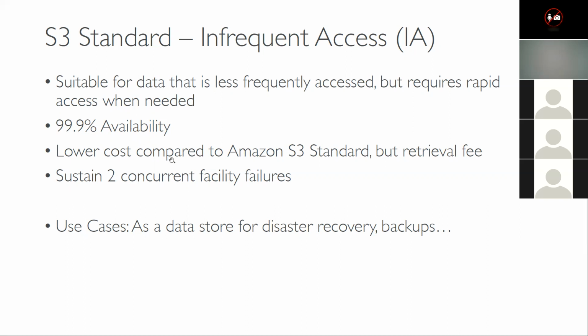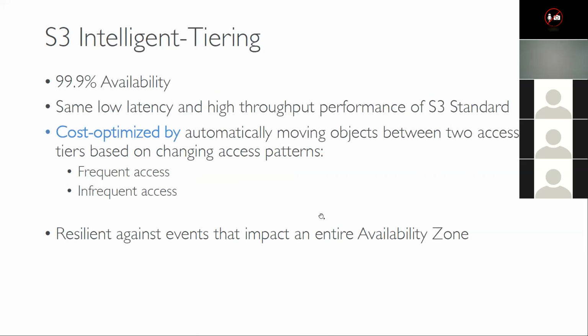This is the lowest cost compared to standard, but the retrieval fee is more expensive. It can sustain 2 concurrent facility failures, meaning your data has been stored in 2 different data centers, 2 physical data centers separated by 10 kilometers. Use case is as a data store for disaster recovery and backup. It's used for recovery.